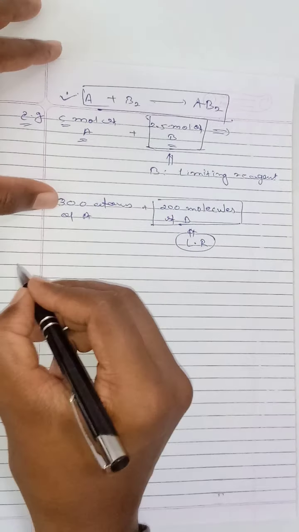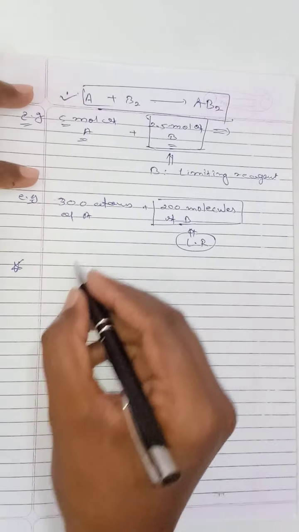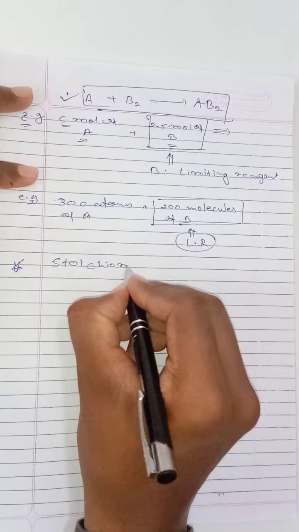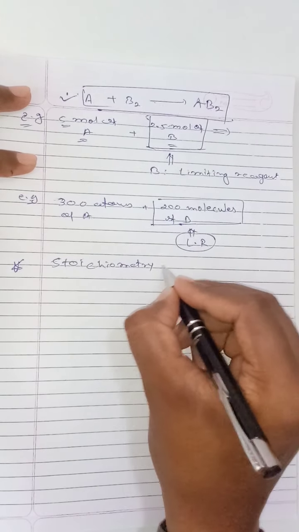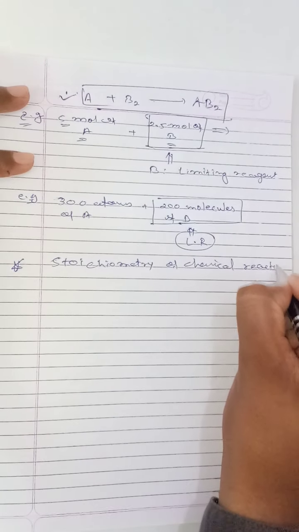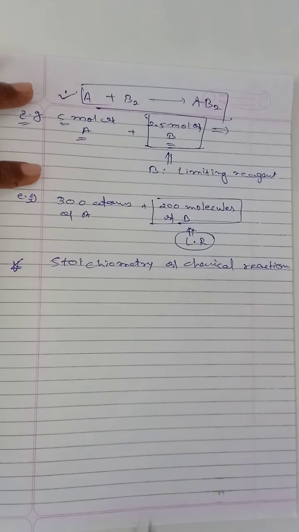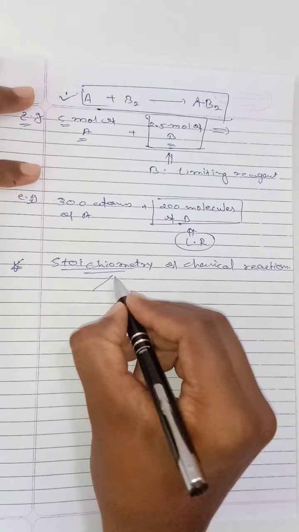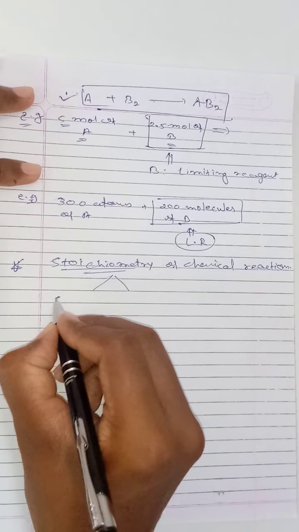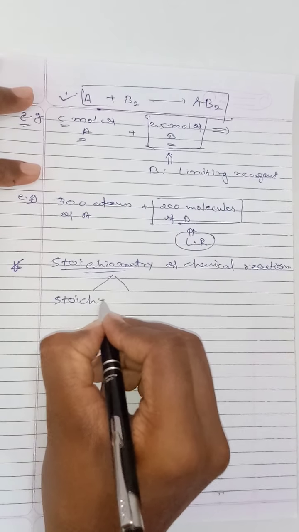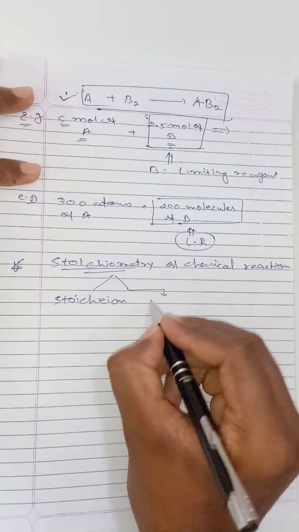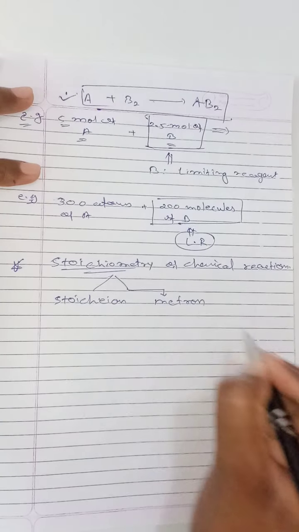Now our next topic is stoichiometry of chemical reaction. Stoichiometry comes from two Greek words: number one, stoichion, and number two, metron.